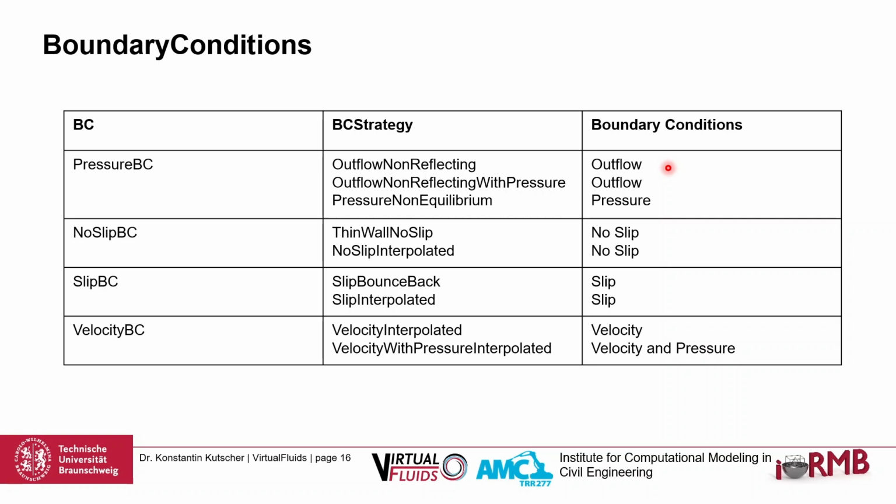So here in the first column, this BC description is also from the legacy code. It's the description of the boundary condition which is stored in these so-called boundary nodes. This is the information if we discretize the grid and decide which nodes are fluid or solid and which nodes are boundaries, for example.